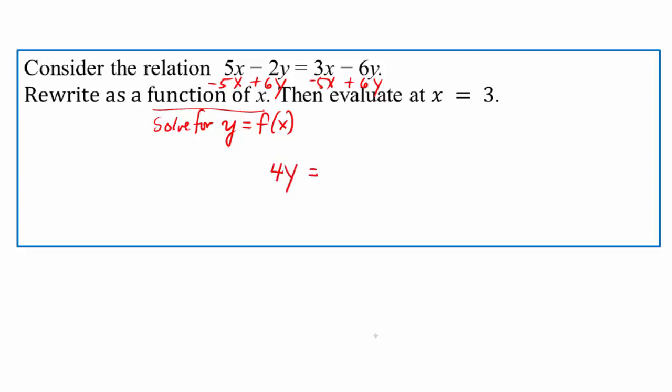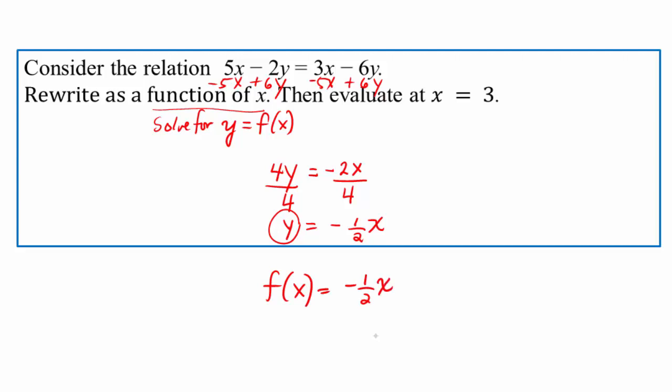And then you're going to get, this is 3 minus 5 is minus 2x. Then the final thing you're going to do is divide by 4. So now you get y equals minus 1/2 x, right? Because look, this simplifies. Now what is y? Y is your f of x. So for your final answer, you say f of x is equal to negative 1/2 x.